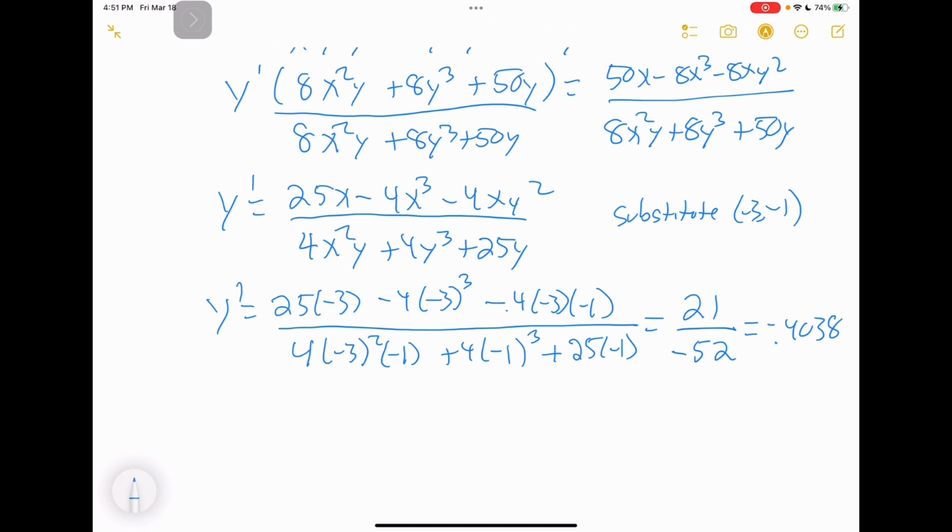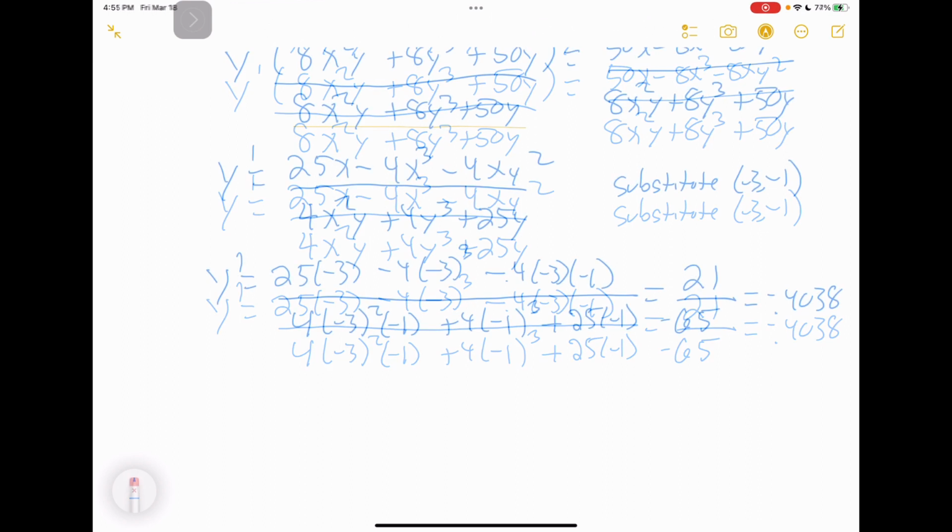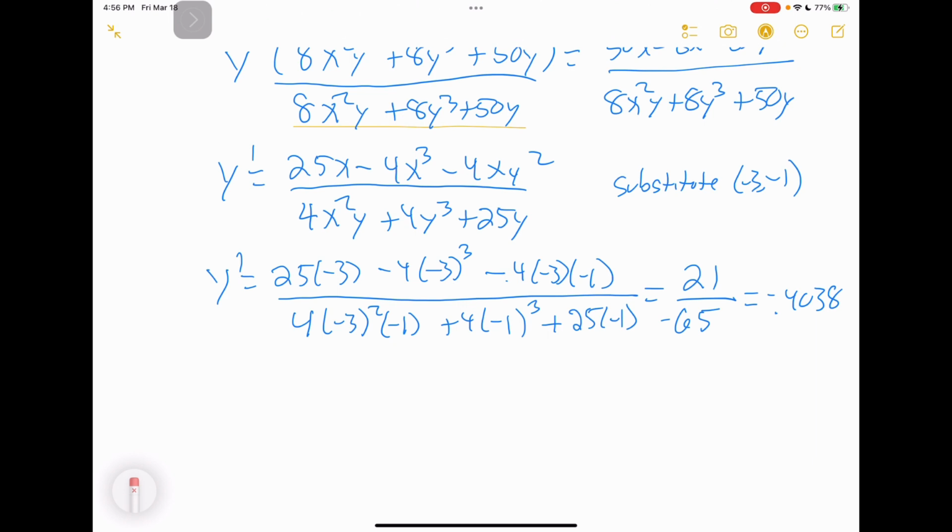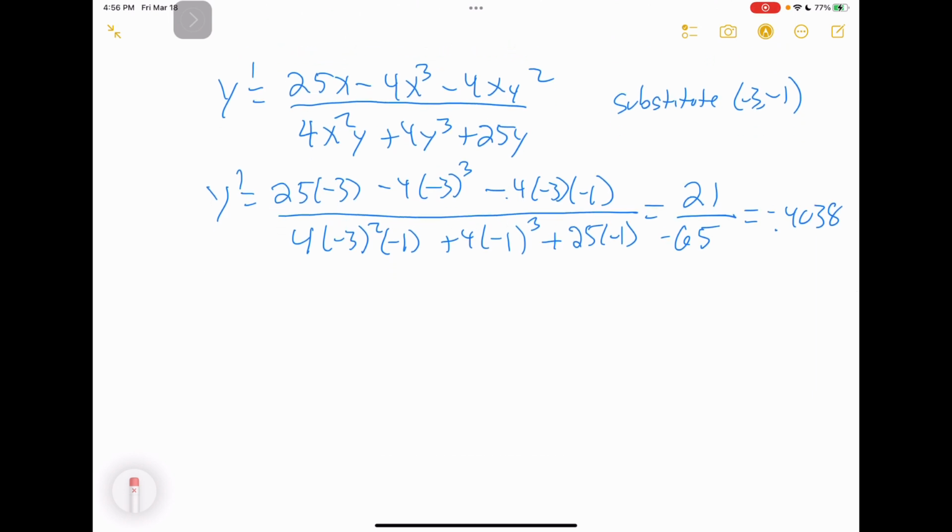So let's see what that gives us instead. That gives us -65. Okay, so that's not the answer they have, and I've run it through about 5 different times, and I think they must have a wrong answer.